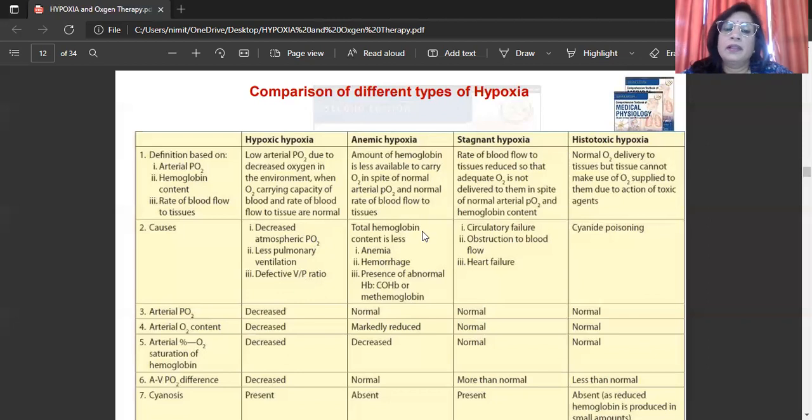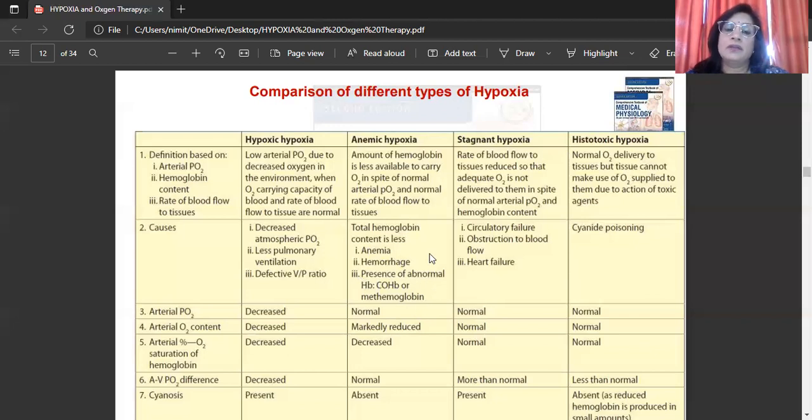In anemic hypoxia, total hemoglobin content is less, as seen in anemia itself, any condition causing hemorrhage, or presence of abnormal hemoglobin like COHb or methemoglobin.